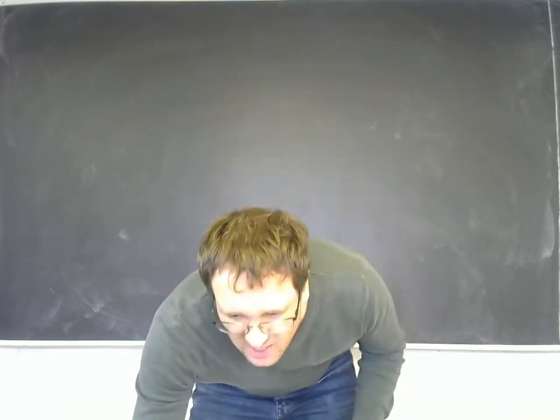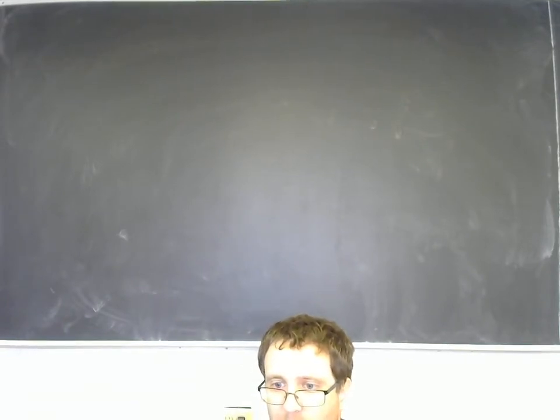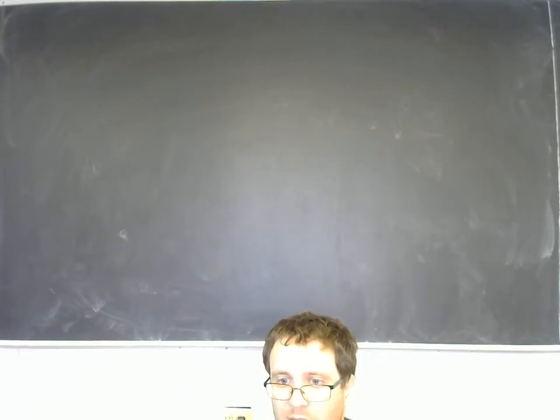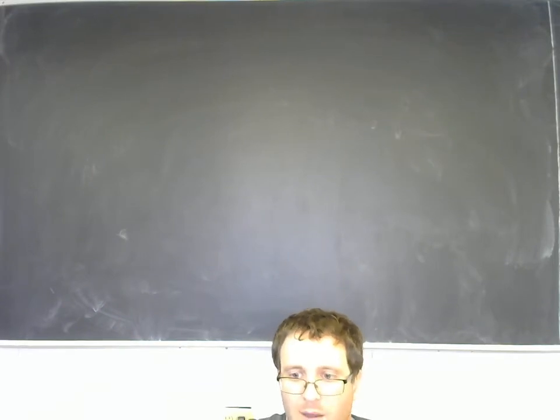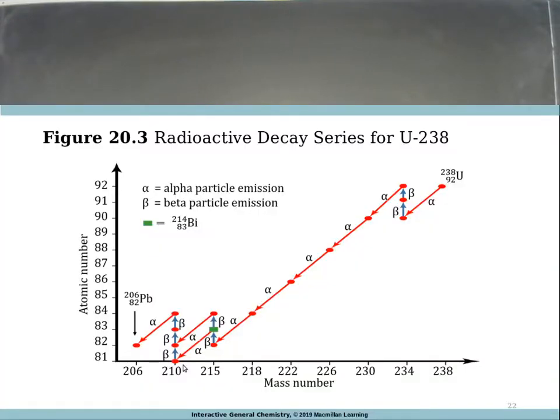So I need to jump forward a bunch on the slideshow. Sorry, it's hard to get everything working perfectly smoothly. I believe this is going to do it. Okay, so this is the radioactive decay series for uranium-238.